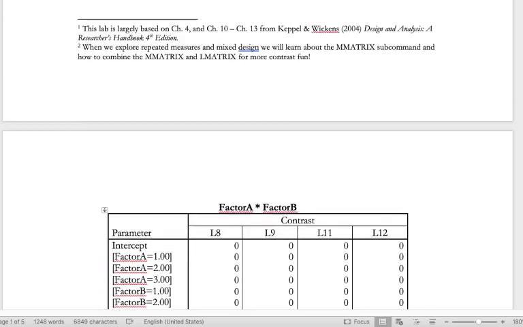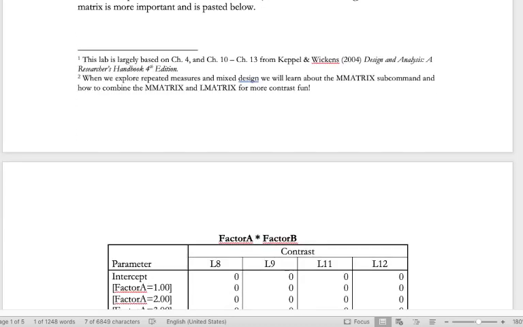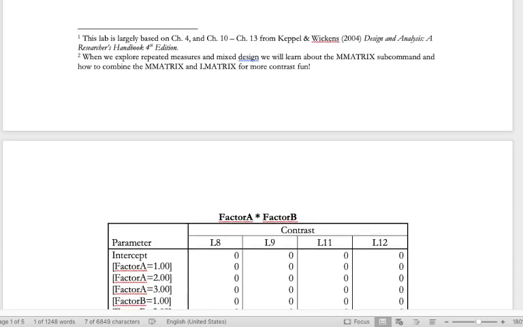You can get it by adding the print subcommand to a typical ANOVA. If we say print test L matrix, it'll give us this. All this is telling us is what order.